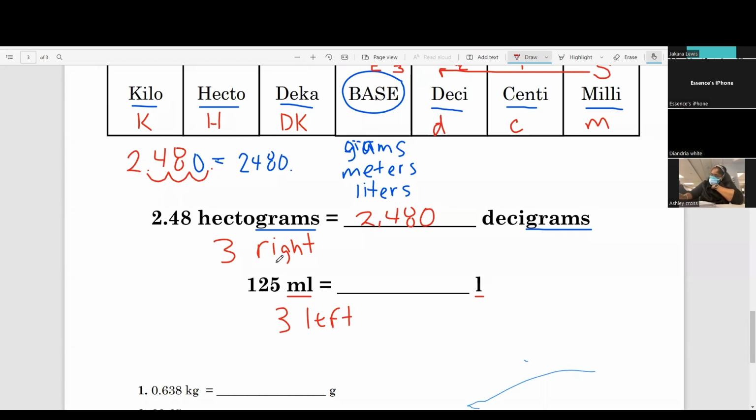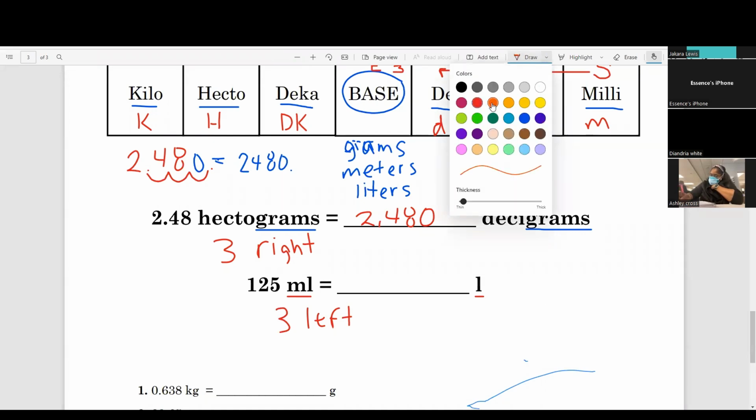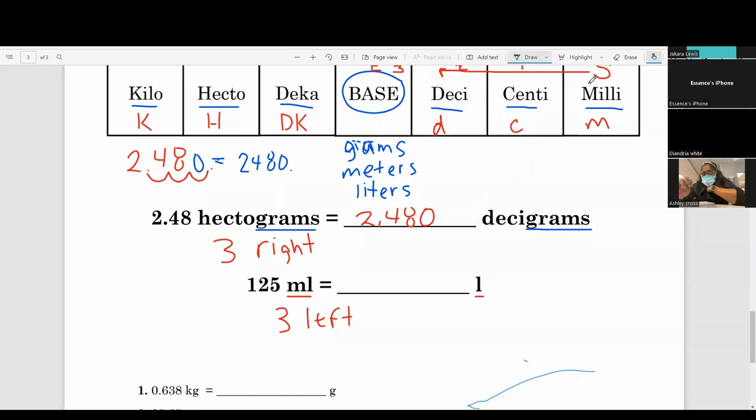So if we look at our value, we have 125. The reason why I chose this is because this is a whole number that doesn't display a what? A decimal. If you're in a situation and you don't see the decimal, what do you do? Well, you guys should know that anytime I have a whole number and the decimal is not visible, the decimal is going to be at the end of the value. Always, always, always.